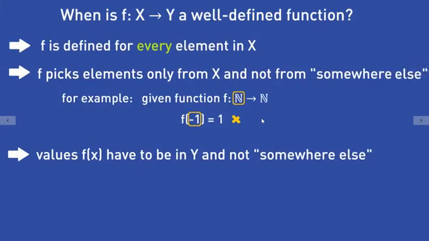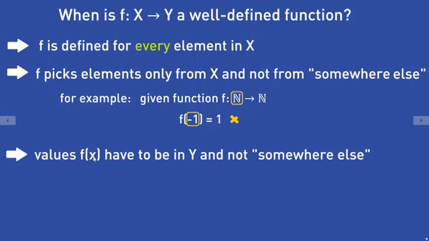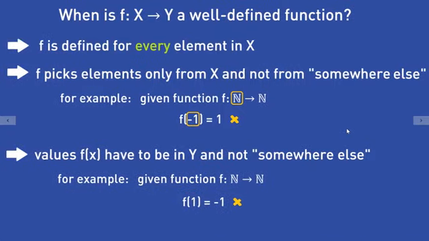Thirdly, the values f of x of the function f have to be situated in the set Y and not somewhere else. So, for example, if we have a function from the natural numbers to the natural numbers again, it is not allowed that, for example, f of 1 is equal to -1, because the number -1 is outside of the codomain Y, which is the natural numbers.